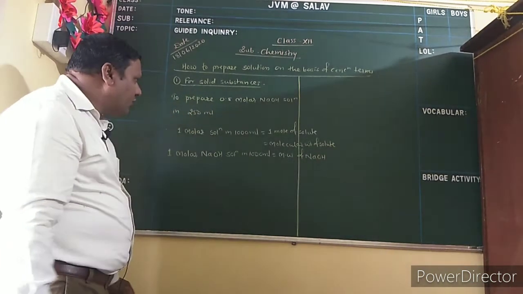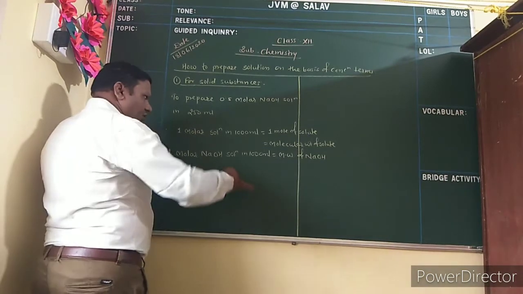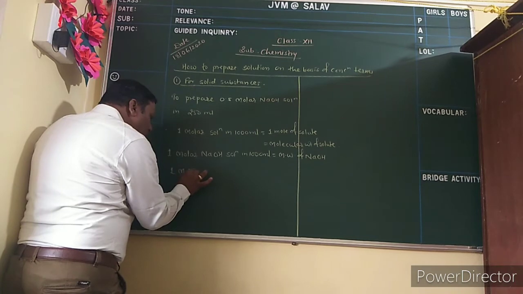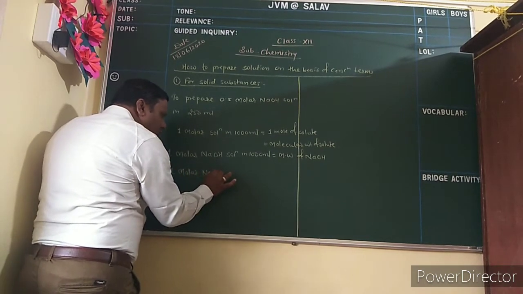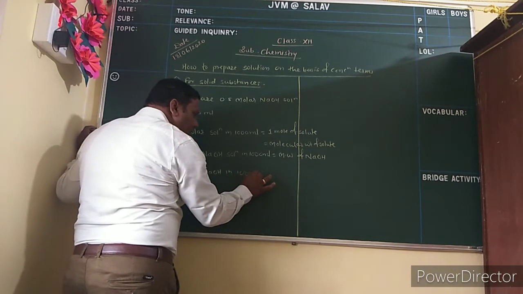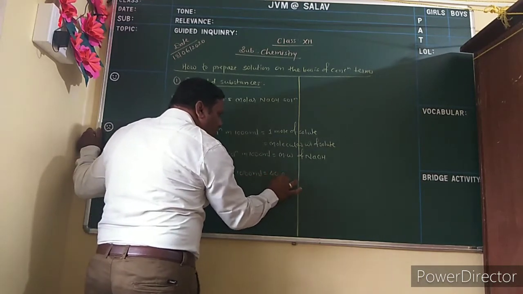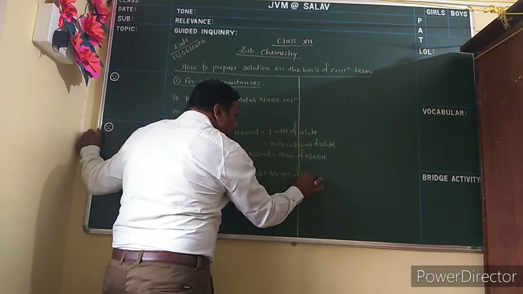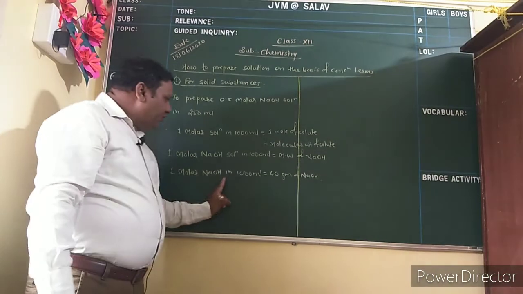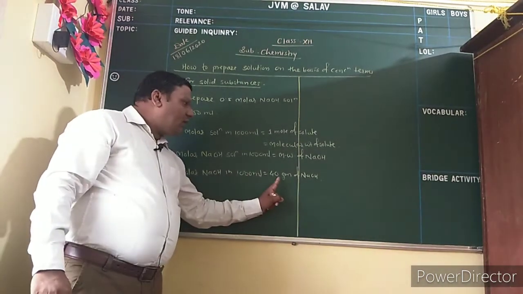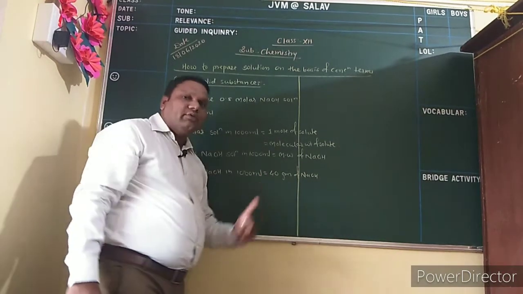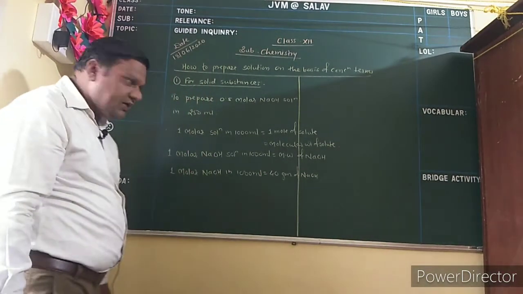So here 1 molar NaOH in 1000 ml is equal to 40 gram of NaOH. That means if you have to prepare 1 molar NaOH in 1000 ml, it requires 40 gram of NaOH. Why is it 40 gram? Because 40 gram is the molecular weight of NaOH. Is it clear?